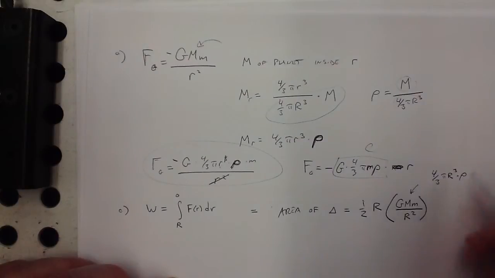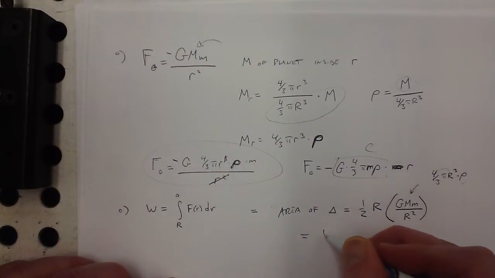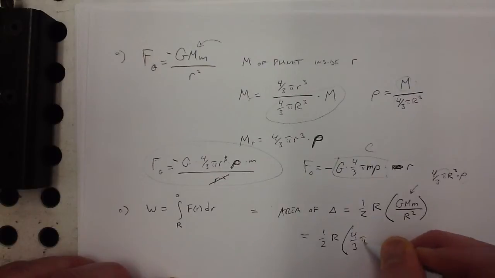Volume times mass over volume gives you mass. So that's my mass there. So that's equal to 1/2 times r times 4/3 pi r cubed rho.